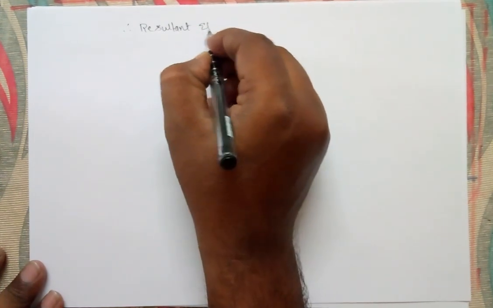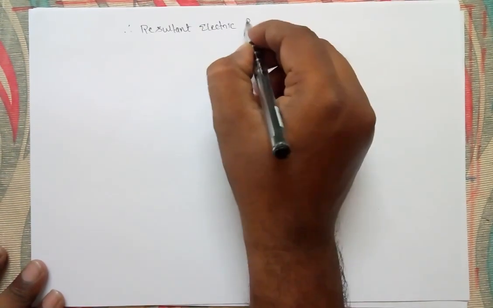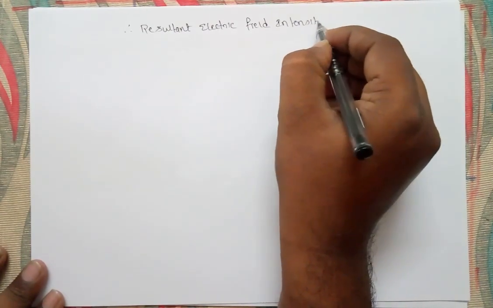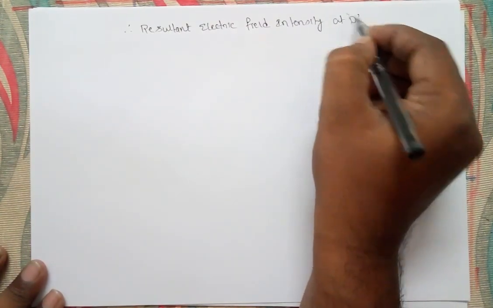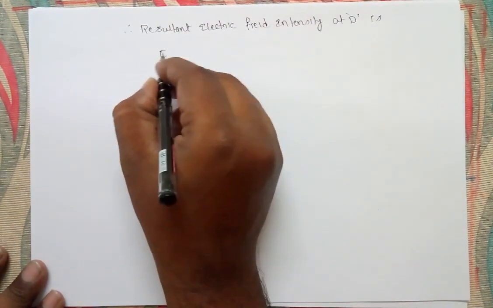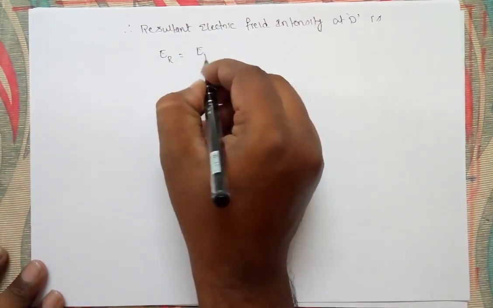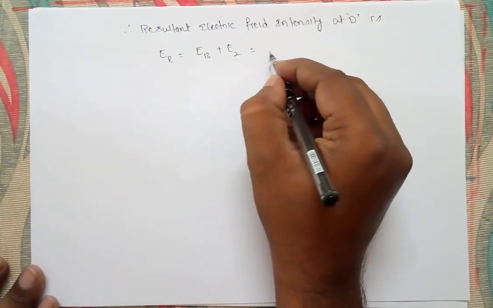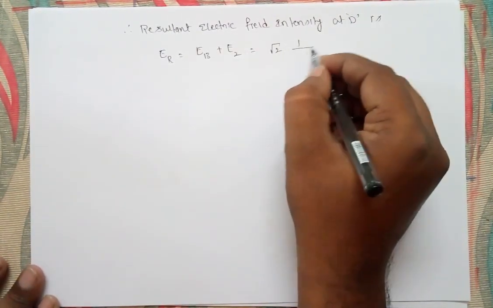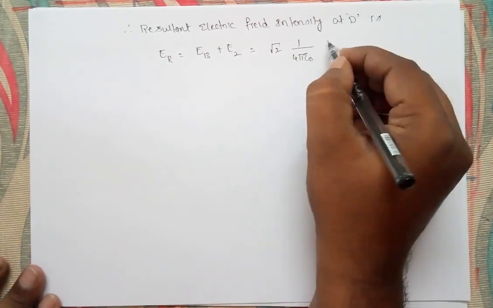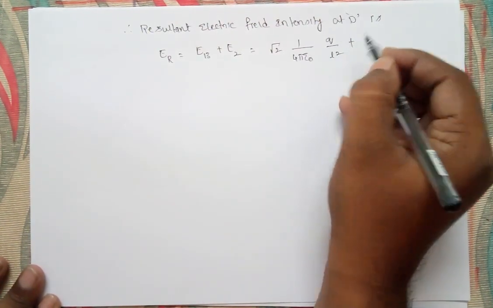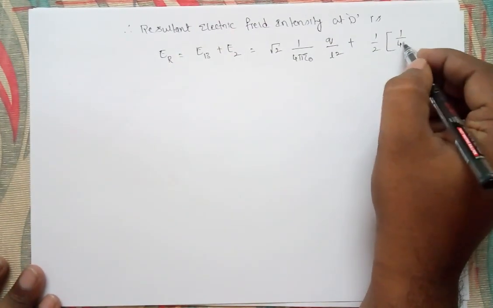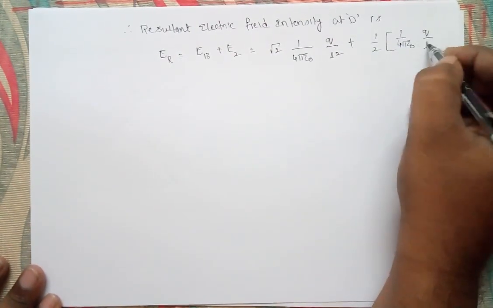Therefore, the resultant electric field intensity at D is E equals E13 plus E2. E13 we just calculated, it is root 2 times 1 upon 4 pi epsilon naught Q by L square, plus E2 is 1 by 2 times 1 upon 4 pi epsilon naught times Q by L square.